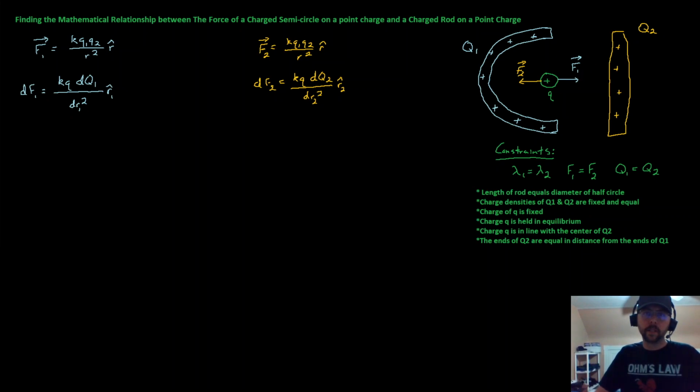So what we mean by dq1, that's if we pick a point. I usually like to pick something up here, so I'll pick this little spot right here. If we imagine this infinitesimally thin spot, we'll call this dq1. And then from dq1 to our point charge here, this is dr1.